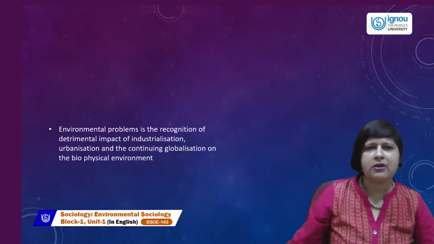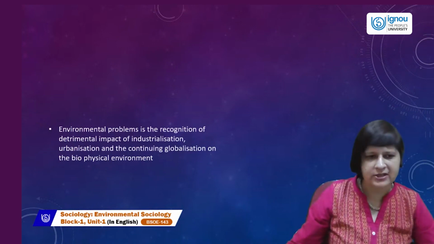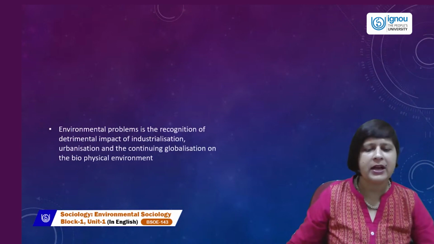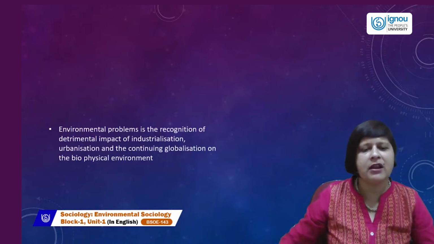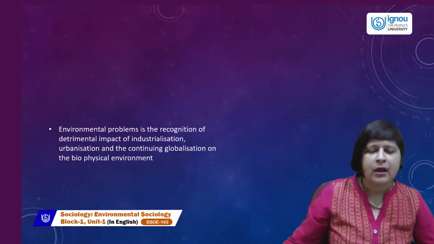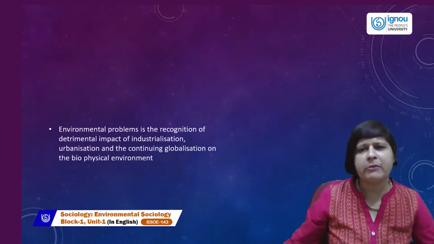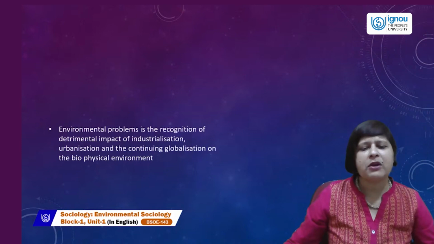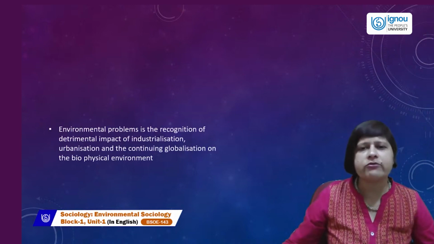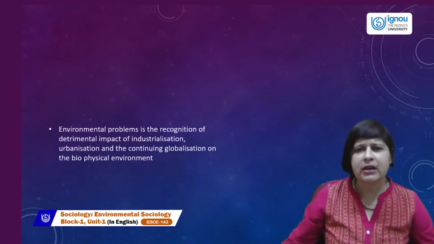Environmental problem is the recognition of the detrimental impact of industrialization, urbanization, and continuing globalization on the biophysical environment. Why and how did these environmental problems crop up? It is because of factors like industrialization and urbanization.